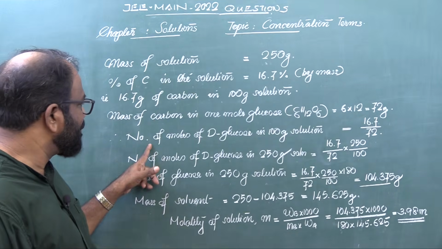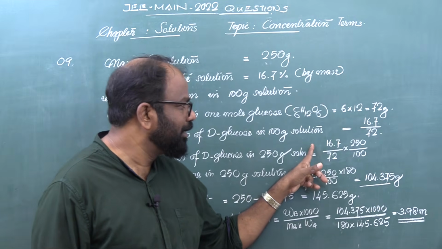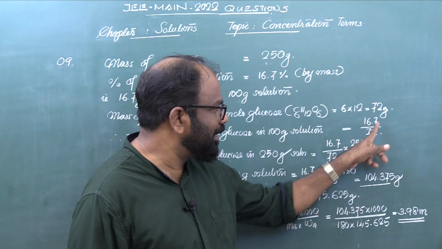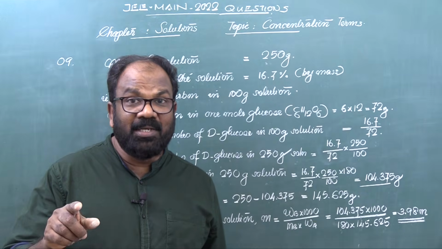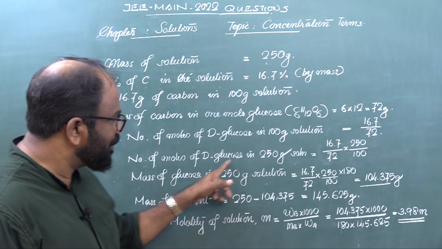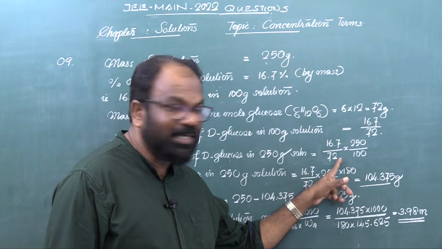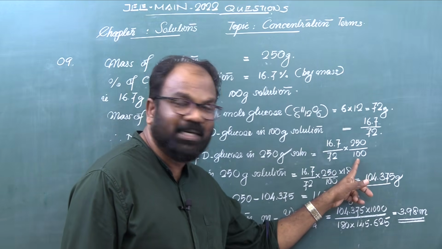So the number of moles of D-glucose in 100 gram solution is equal to 16.7 divided by 72. But the initial amount of solution is 250 gram. Therefore, number of moles of D-glucose in 250 gram is equal to the number of moles in 100 gram into 250 divided by 100.